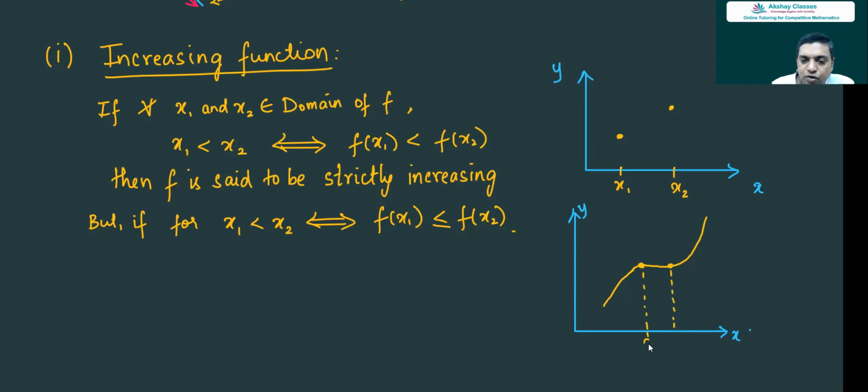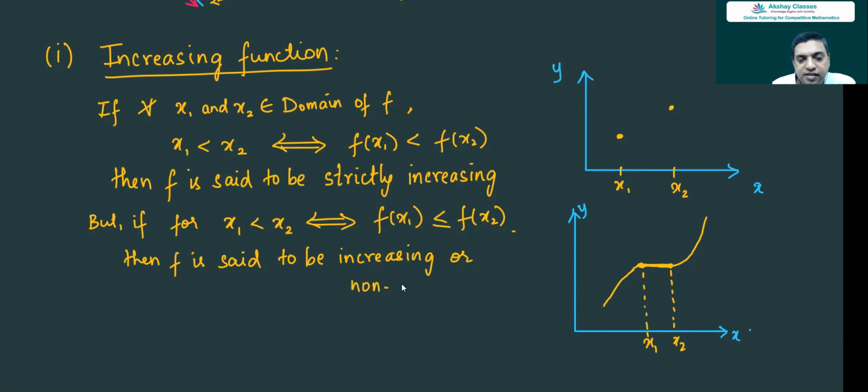In fact, in this whole region between x1 and x2, this is a constant value. Now such a function, f is said to be increasing. We don't call it strictly increasing. We say increasing or non-decreasing.